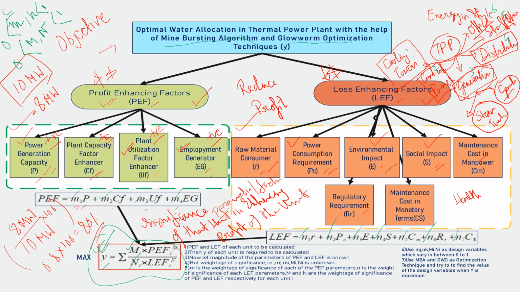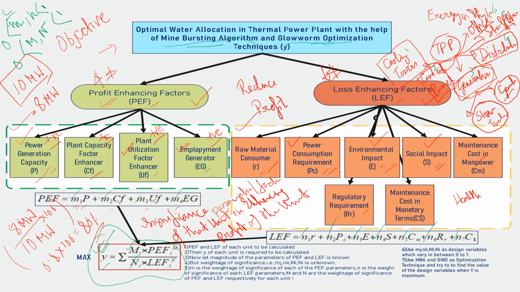Because this is a maximization problem, if it is more than the previous one, we move ahead in that direction. If it is not, we change our direction, but follow the system as suggested by the mine blast algorithm and glowworm optimization.